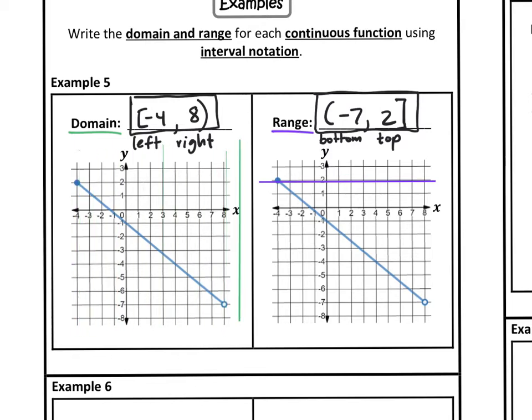For domain, we're scanning from left to right. For range, we're scanning from bottom to top. Let me go ahead and delete these. All right, let's go to the next example.